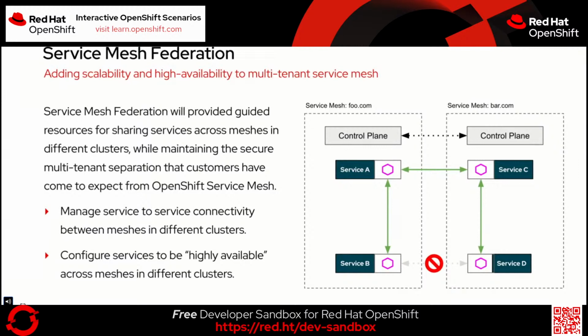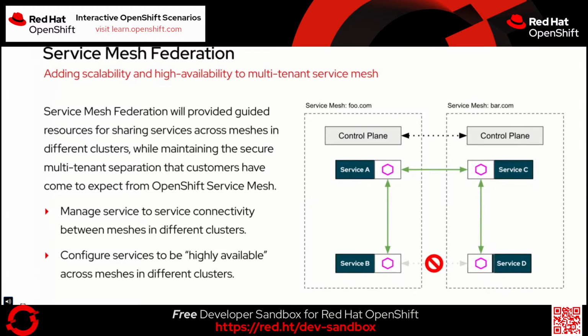This will be our first step towards supporting multi-cluster topologies for service mesh, which will build upon our existing multi-tenant deployment model. Our multi-tenant deployment model provides facilities for securely deploying and managing multiple service meshes within the same OpenShift cluster. Each of these meshes may be managed by a different team or administrator. We'll be expanding this model across multiple clusters.